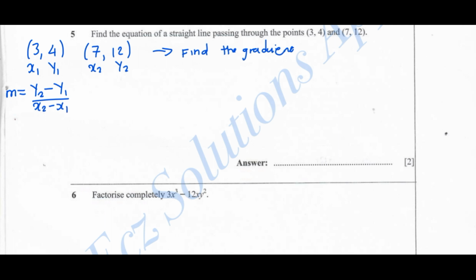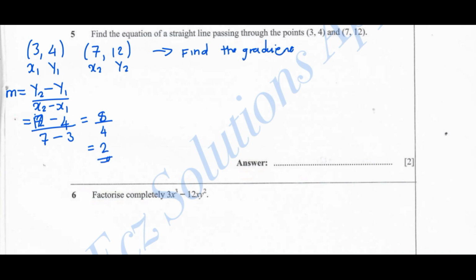So y2 is 12, not 7, so we have 12 minus our y1, which is 4, divided by x2 is 7 minus 3. So let's do subtraction. 12 minus 4 will get 8 over 7 minus 3 will get 4. 8 divided by 4 will get 2. So 2 is our gradient.